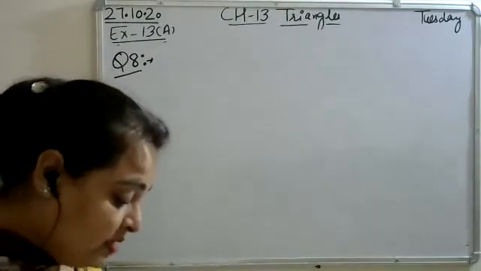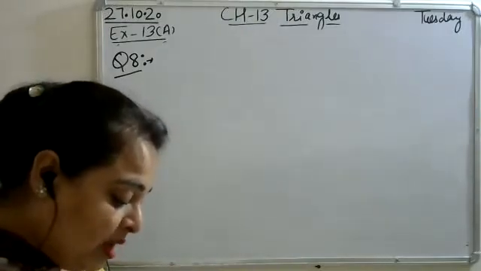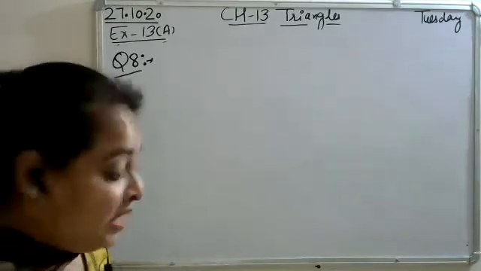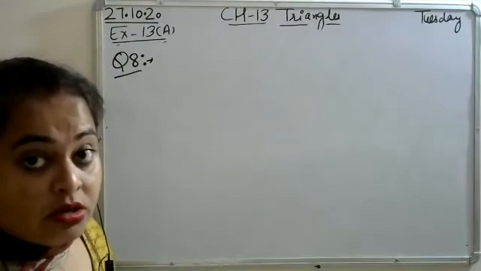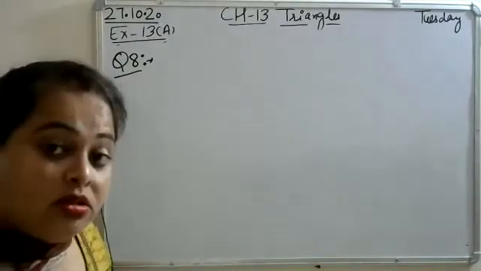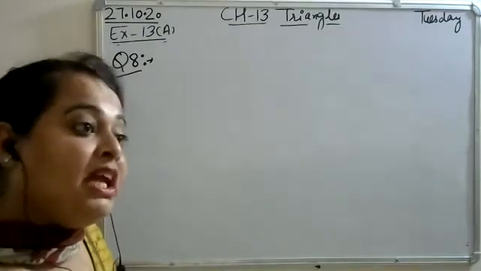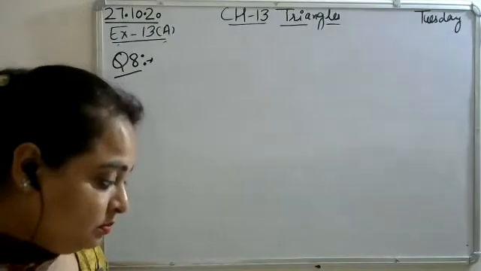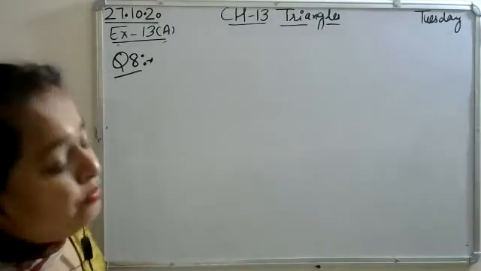As the question is, one of the two equal angles of an isosceles triangle measure 55 degree. So, which property is applicable in this question? Angle sum property or triangular inequality? Angle sum property. Why? What is the reason?